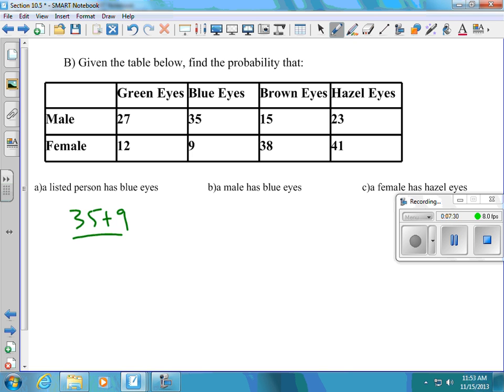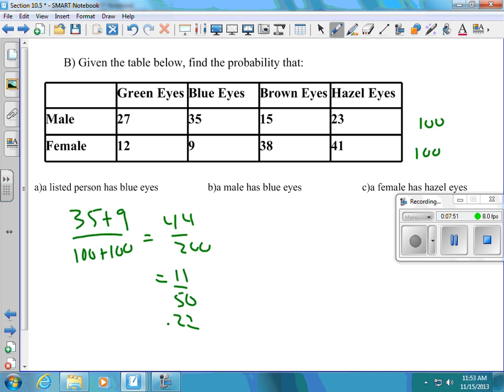If you add it up, there are 100 males and 100 females, so that's 100 plus 100 or 200. So 44 out of 200, which would be 11 out of 50, or 0.22.